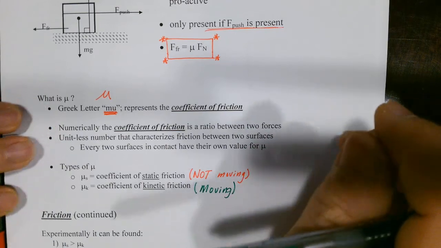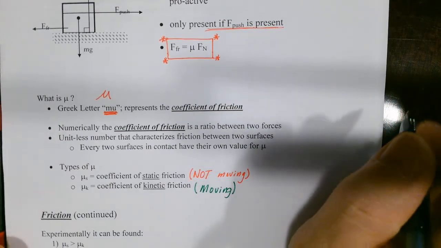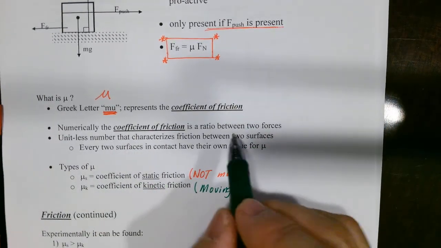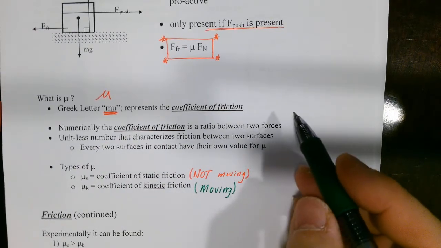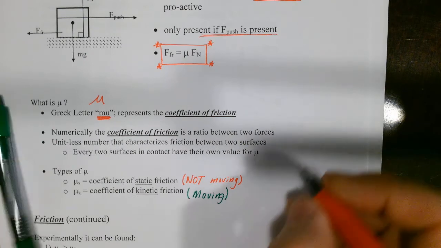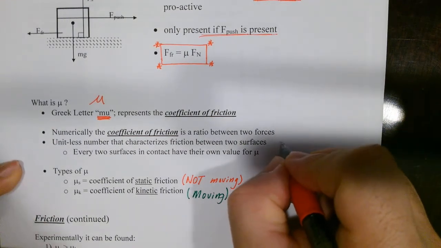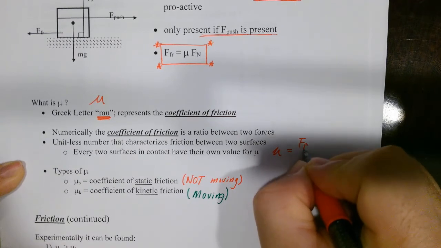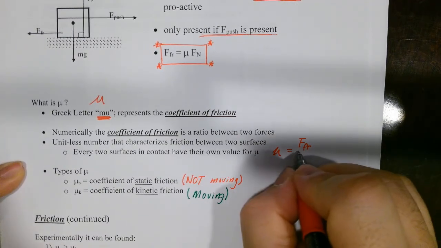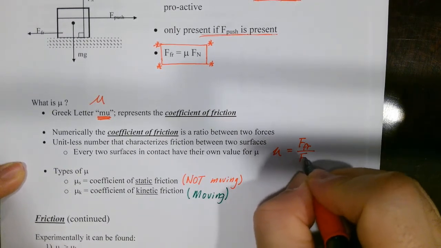Now, numerically, the coefficient of friction is a ratio of two forces. And those two forces are basically friction, right? So mu is equal to frictional force divided by the normal force.